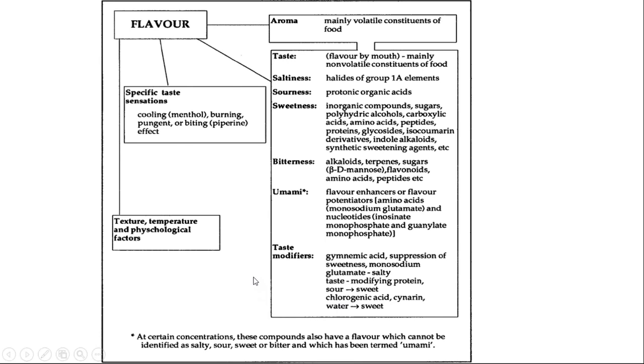So flavor chemistry and taste physiology are two very interesting subjects, and if you look at the tongue, we can see which part of the tongue is responsible for which taste.